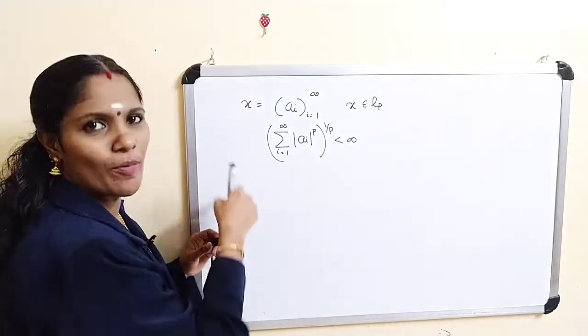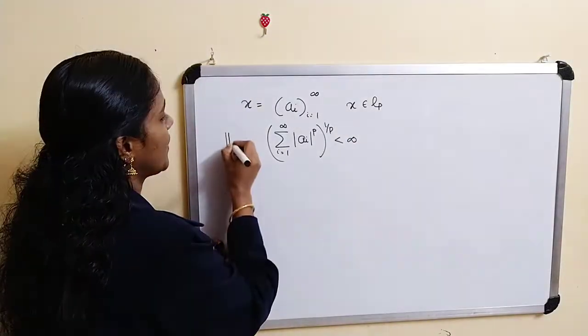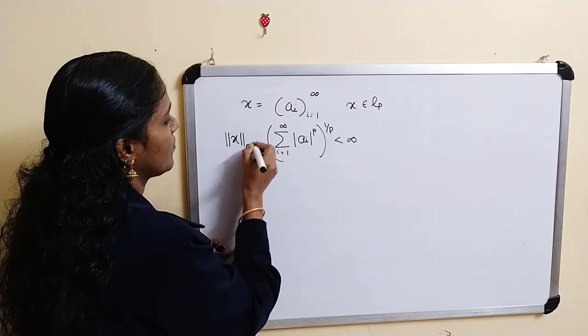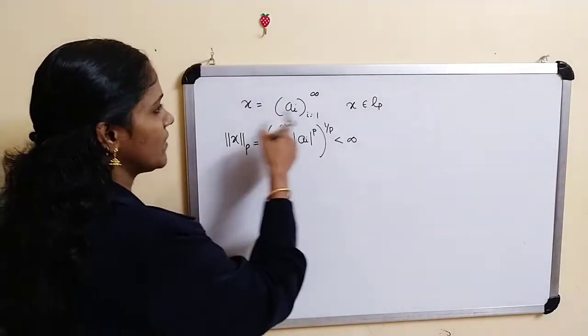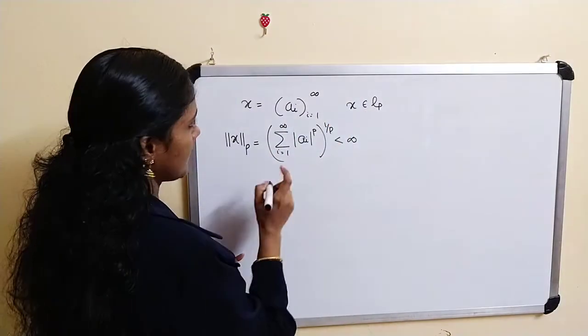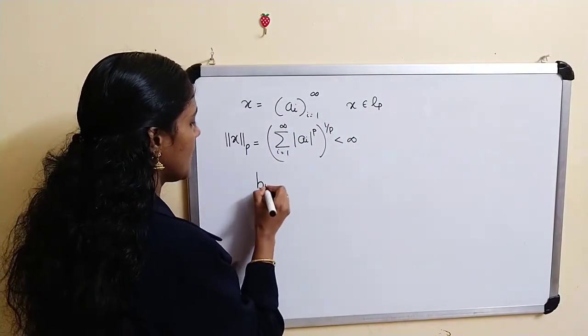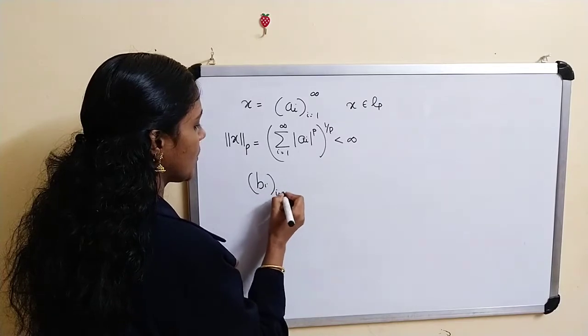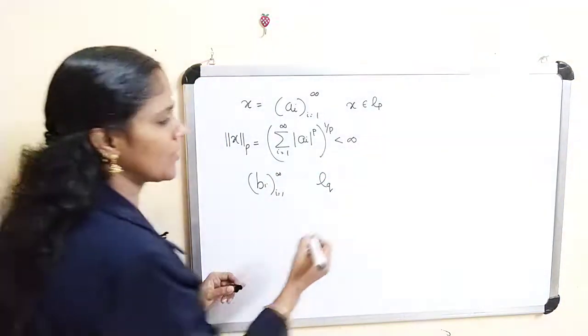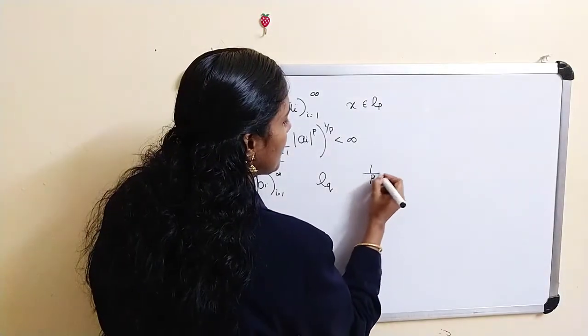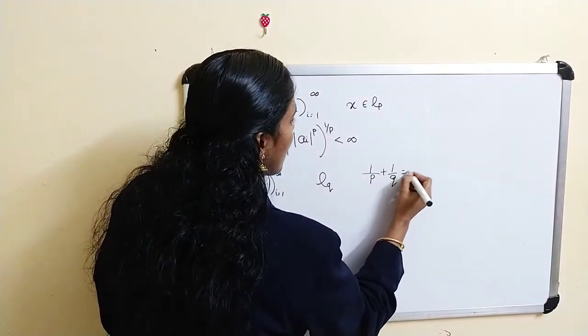This is actually the norm of x, the p-norm, and this is less than infinity. And for this, you take some sequence (b_i), i equal to 1 to infinity in l^q, where p and q satisfy the condition 1/p + 1/q = 1.